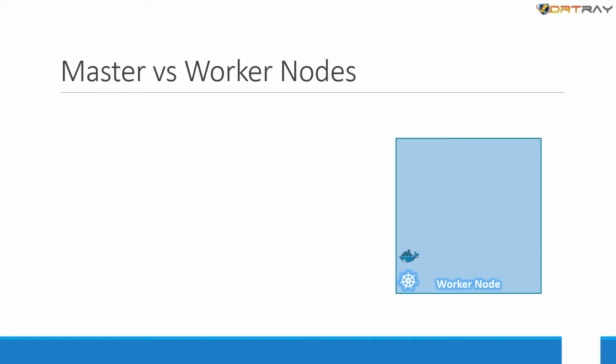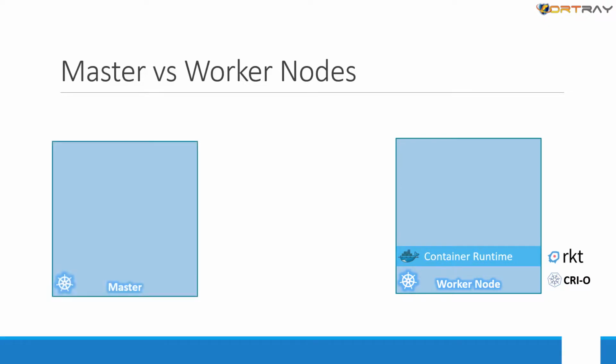And to run Docker containers on a system, we need a container runtime installed. That's where the container runtime falls. In this case, it happens to be Docker. This doesn't have to be Docker. There are other container runtime alternatives available, such as Rocket or CRI-O. But throughout this course, we are going to use Docker as our container runtime engine.